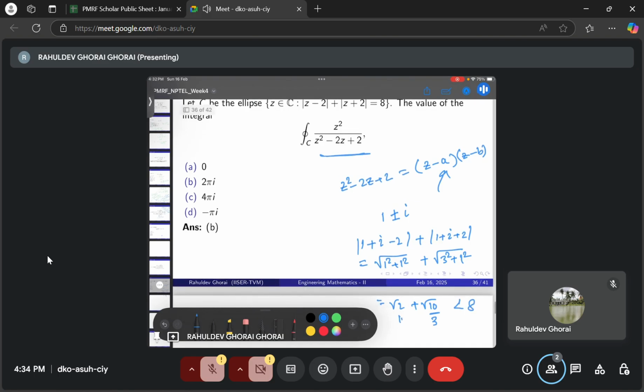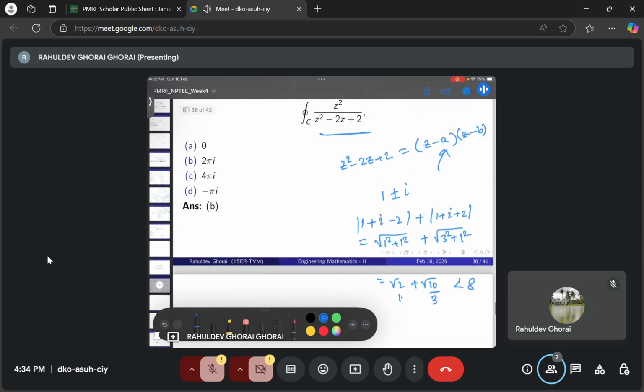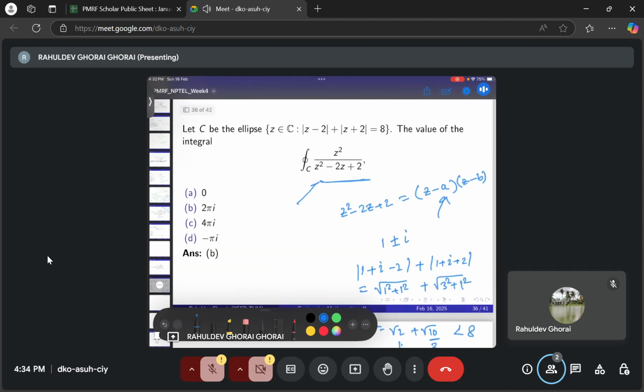Similarly 1 minus i, you want to check whether that belongs, so that will also, you will see both are inside this, and they are also poles of order 1. So you need to find the residue, and you take 2 pi i times the summation of residues.